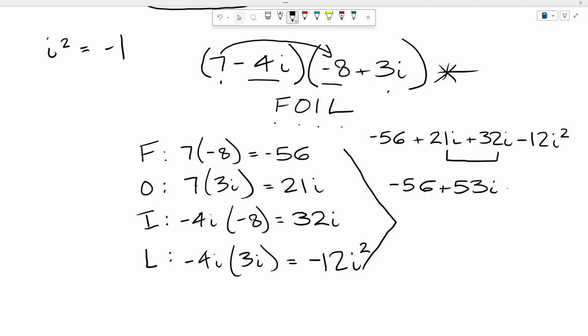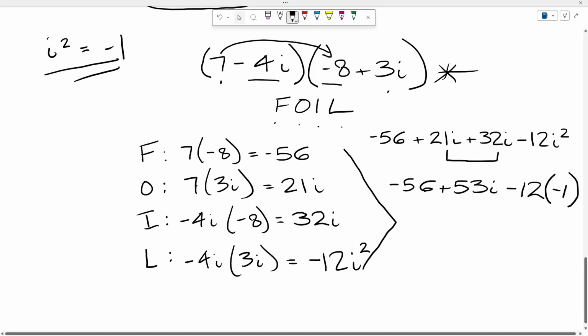And then we have minus 12, and then here's where this comes into play. i squared, which we have right here attached to the 12, i squared is the same thing as negative 1. So let's replace that i squared with negative 1. Replace it with negative 1 according to our rules. So now that's gone.